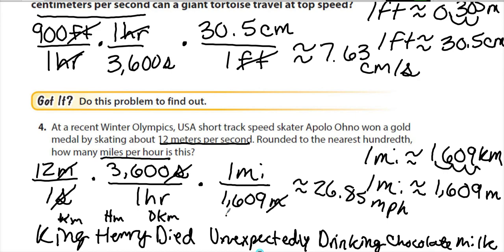Unexpectedly means unit, so your unit would consist of either meters, grams, or liters. Drinking is deci, so deci, in this case meter, so dm, dg, or dl, okay? The m is just whatever unit we're using. Chocolate will be centi, so that'd be centimeters, centigrams, or centiliters, which you guys use a lot in science. And then milk, which would be milli, so that'd be millimeters.